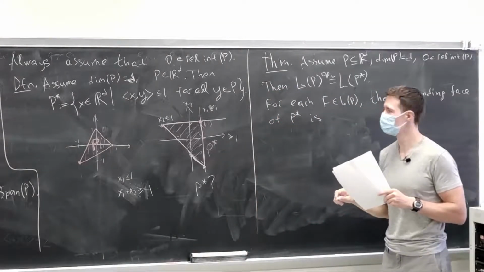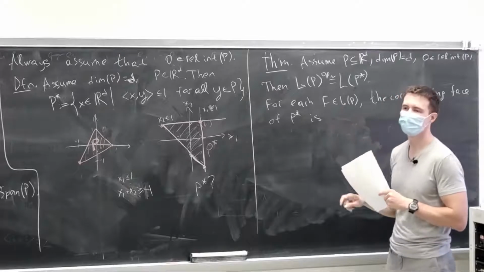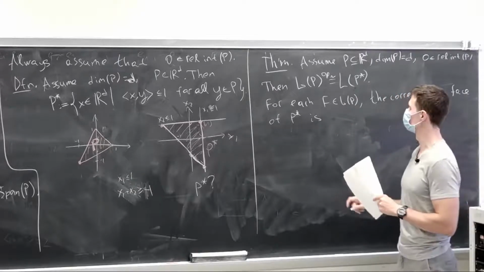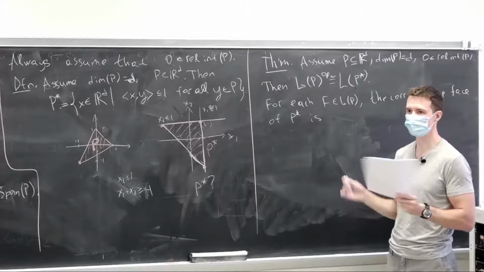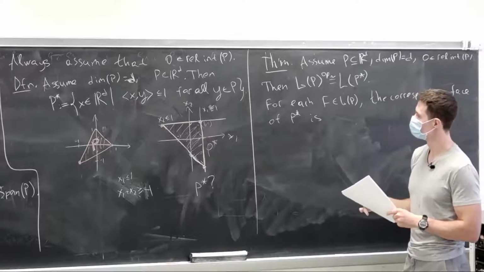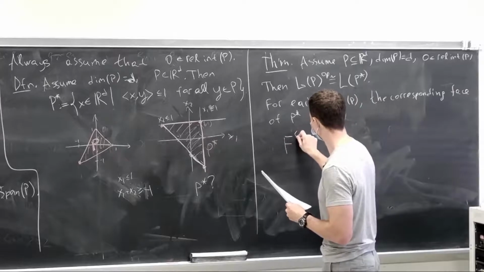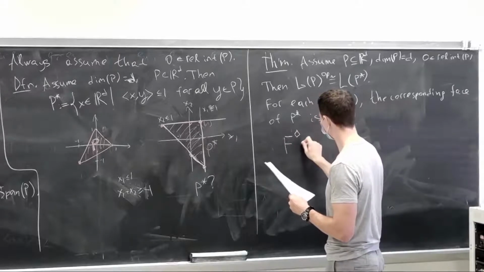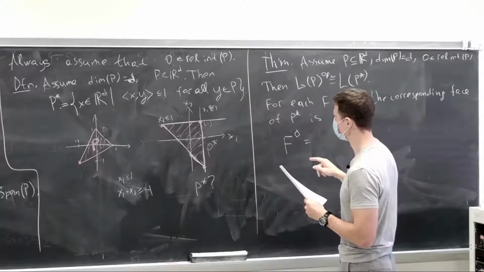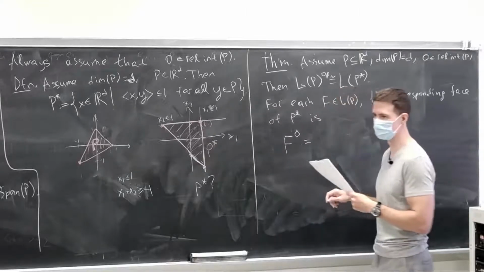Can somebody guess? If I have a face of P, what's the dual face of P star geometrically? I'm going to denote it by F diamond. Anyways, what is it going to be?